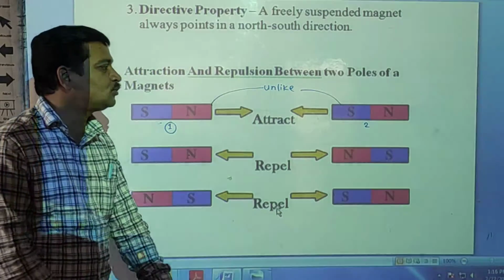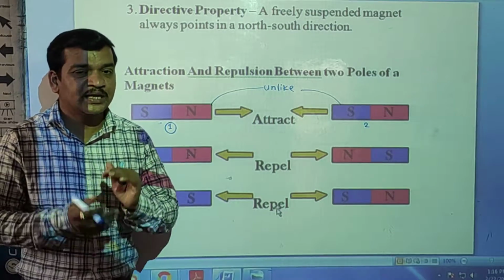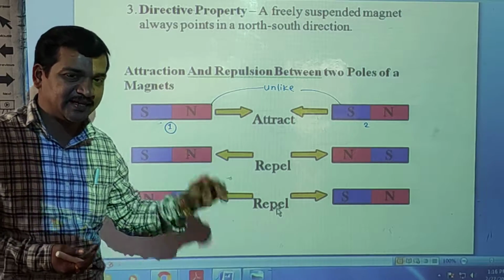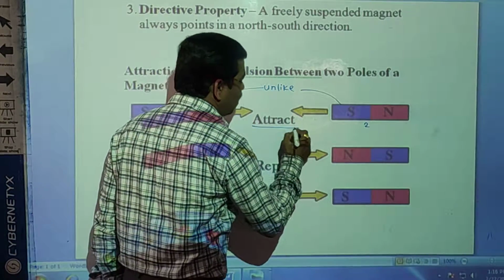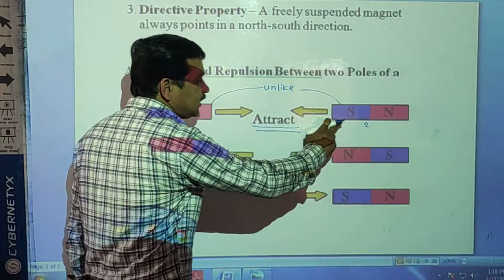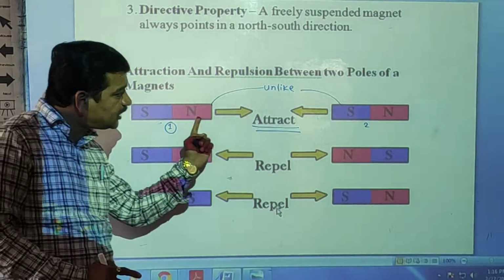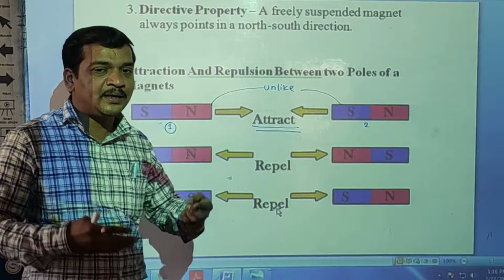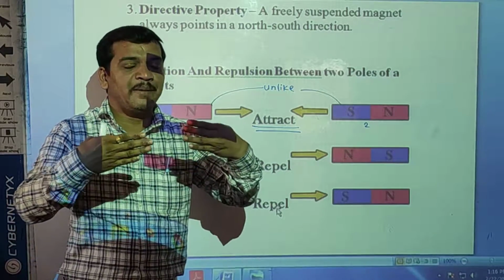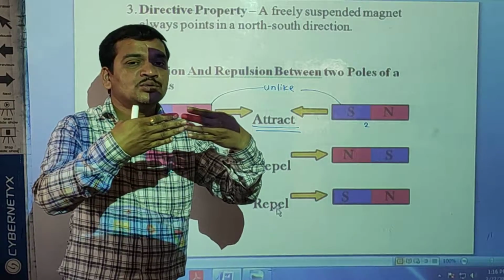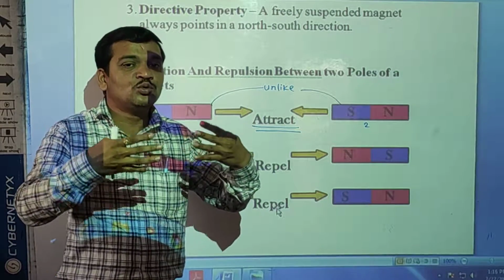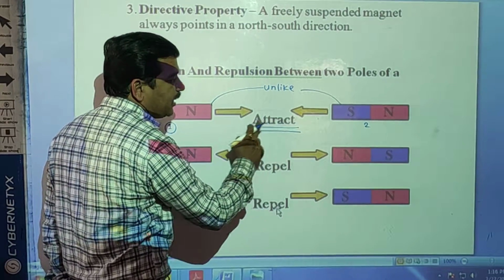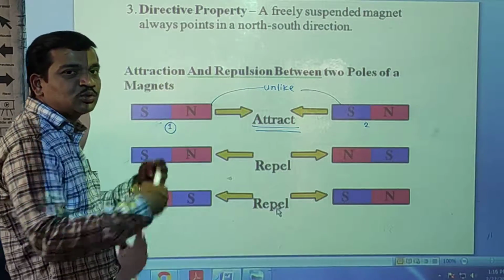So whenever the two poles are unlike, there will be a force of attraction between these two poles, one is north and the second one is south. So what will happen? These two poles of the magnets come together, they move towards each other. Can you see these arrow marks? These arrow marks mean they come close to each other.